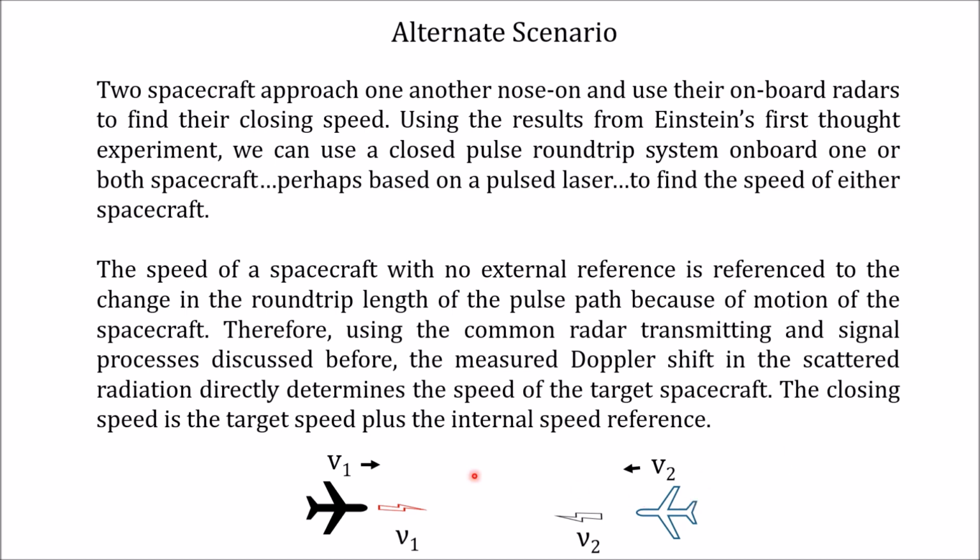But in this particular case, because each aircraft knows what its own velocity is, it can always isolate and find directly what the Doppler shift is associated with the other moving object. It can take that Doppler shift and add it to its own speed and find out what the closing speed is between the two of them. Again, nothing special, just straightforward.